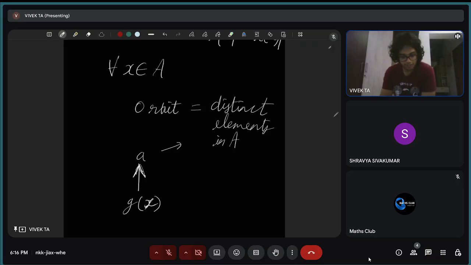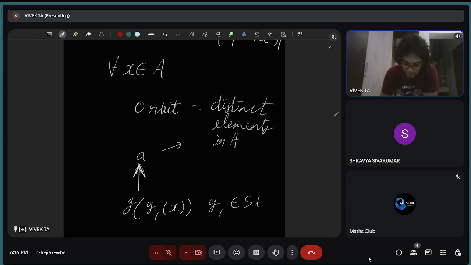You could have arrived here even if you had taken g of g1 x, where g1 belongs to the stabilizer. Is this part clear?